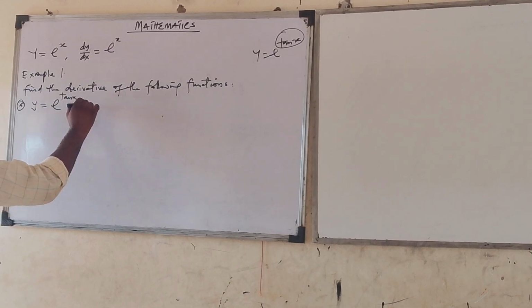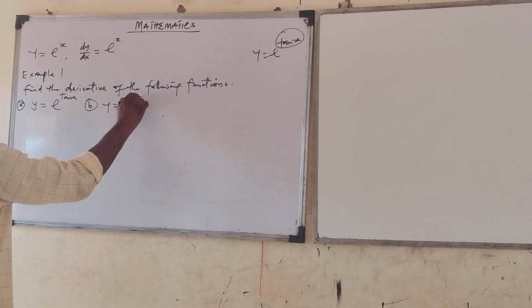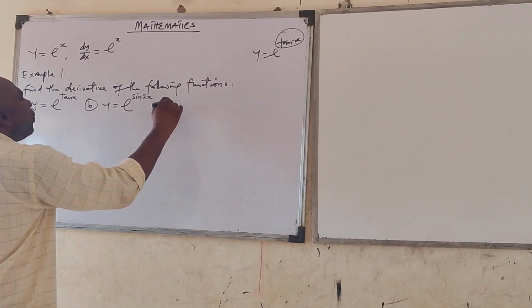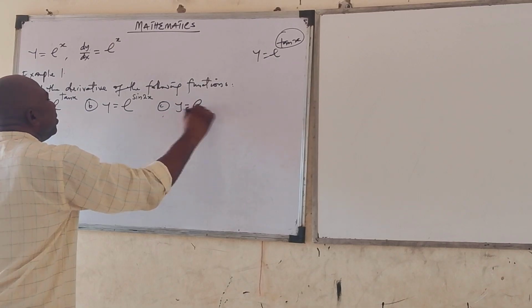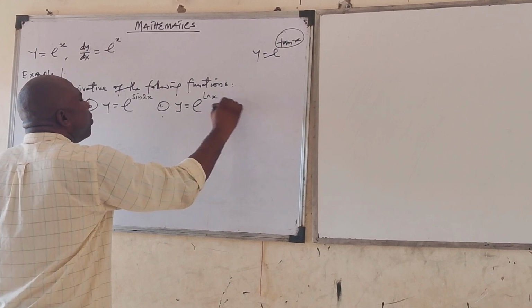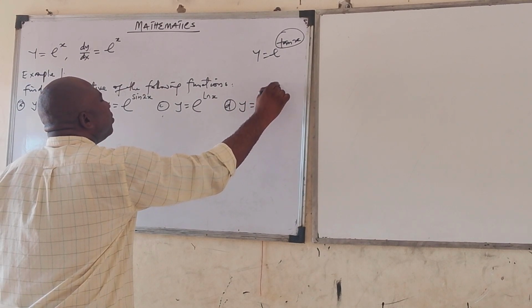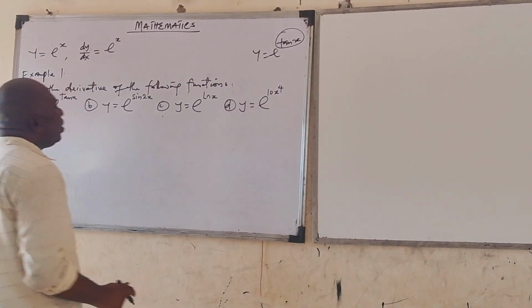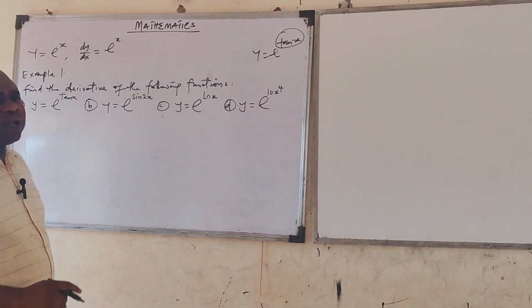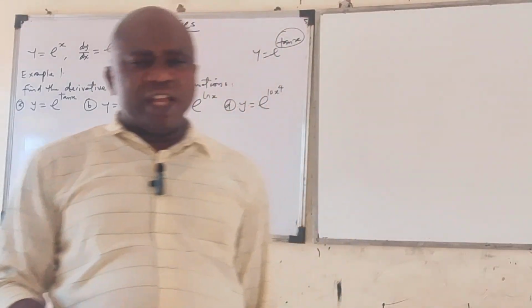B, we have y is equal to e raised to the power of sine 2x. C, we have y is equal to e raised to the power of ln x. D, we have y is equal to e raised to the power of 10x raised to the power of 4. Yes, so here we have to find the derivative. Finding the derivative means finding dy over dx, that's changing y over changing x.